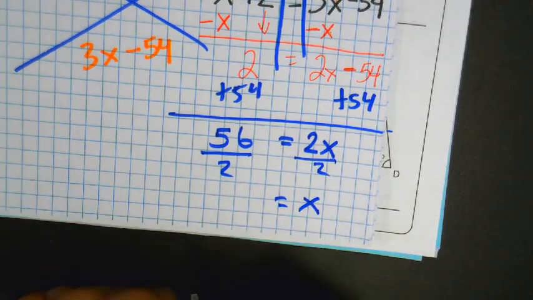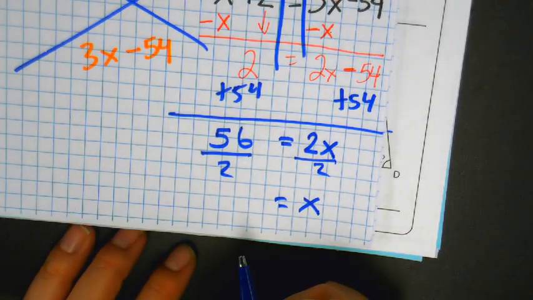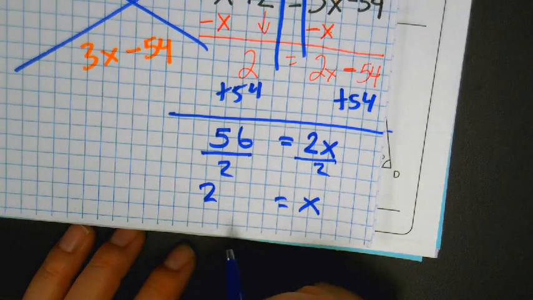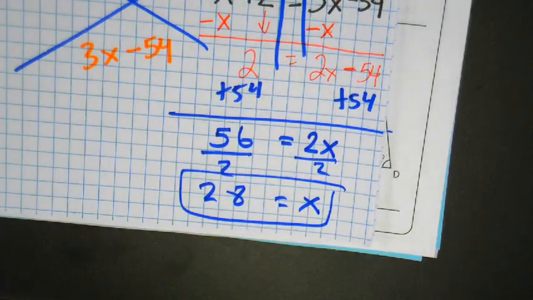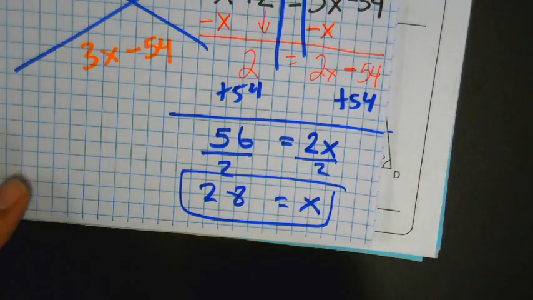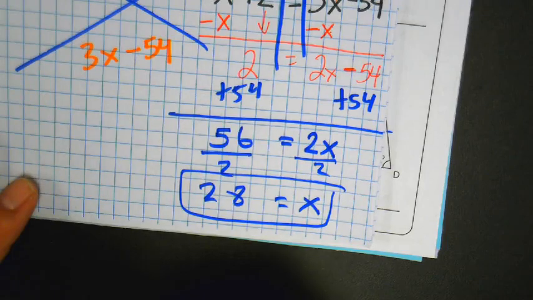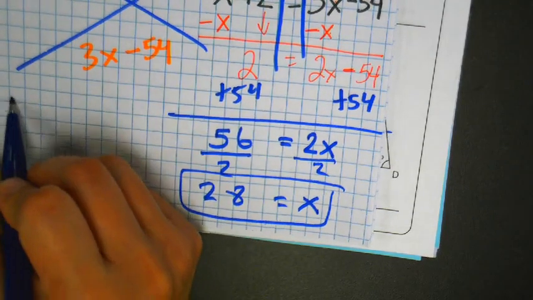X equals? 2 goes into 56 28 times. Yep. Now, does that tell me what the angle is? No. So that's how much x is. They'll tell you, okay, what is x equal to? Got it, 28.